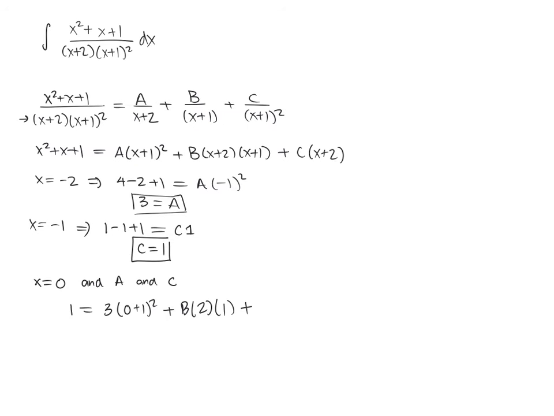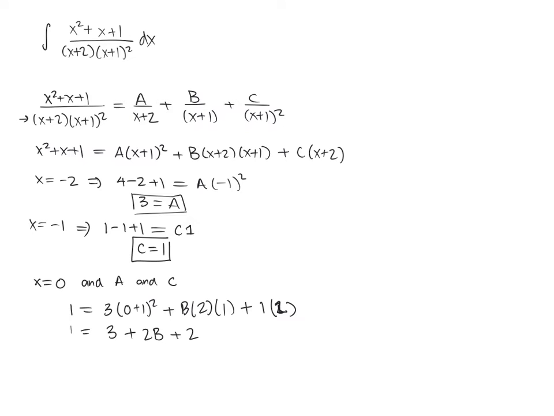What is c equal to? 1, and then times 2 because, right? Okay, so that's going to be 1 equals 3 plus 2b plus 2. I'm not getting the same answer that she got.